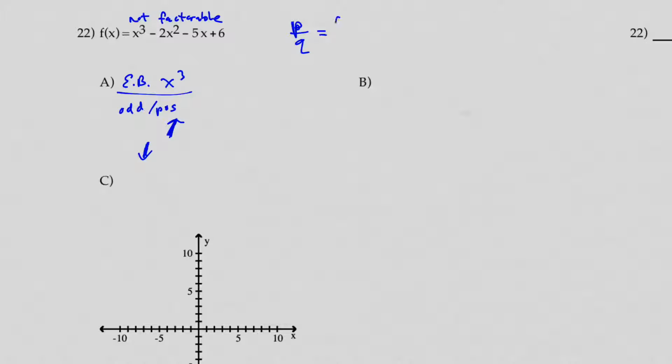So factors of 6 over factors of 1. And because factors of 1 are not going to affect the factors of 6, we can go ahead and just write the factors of 6. So the factors of 6 would be 1 times 6 and 2 times 3.